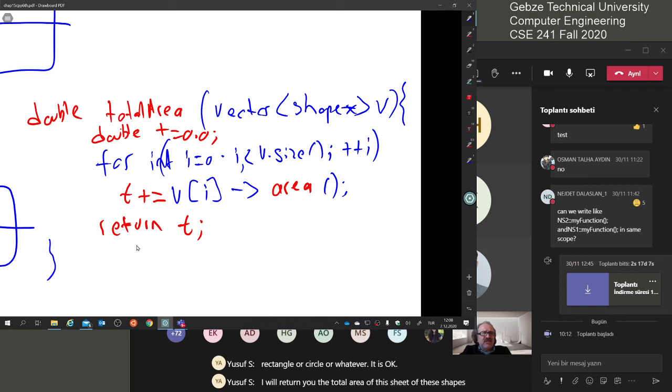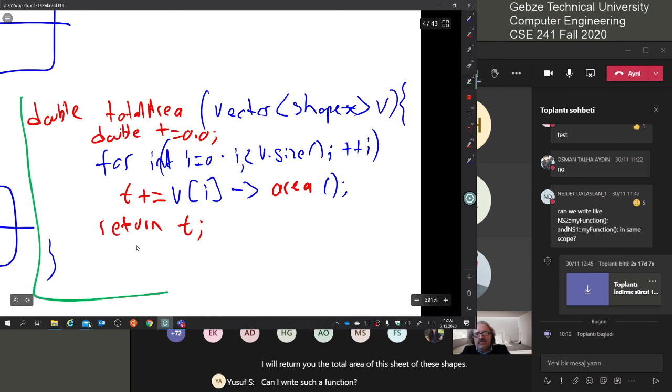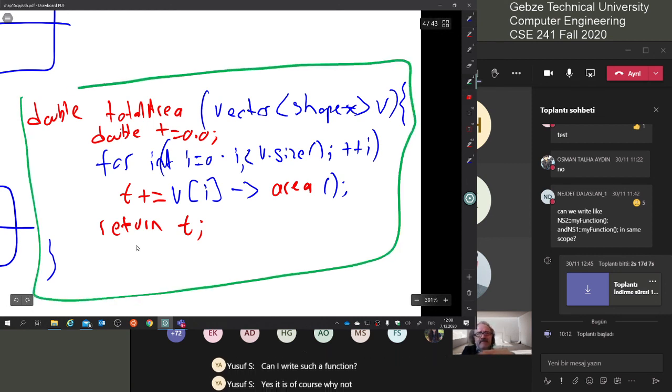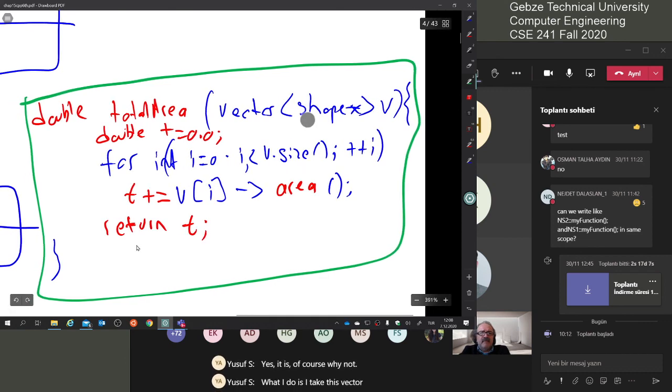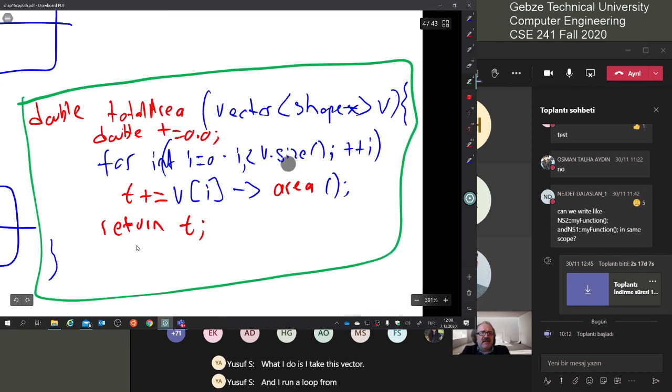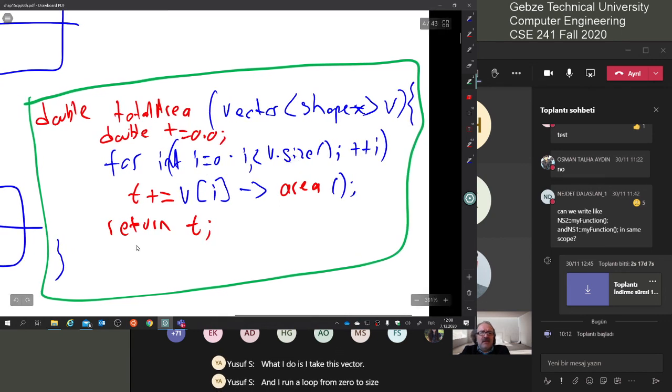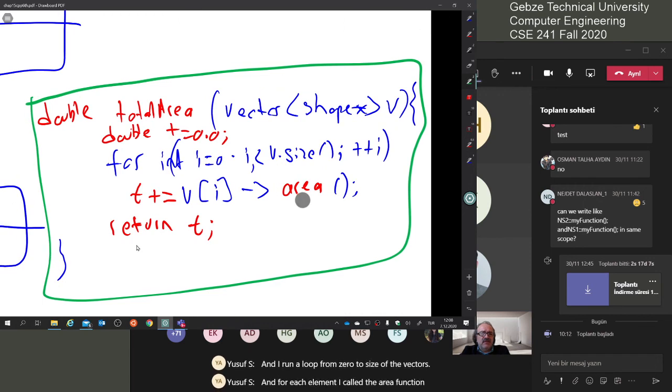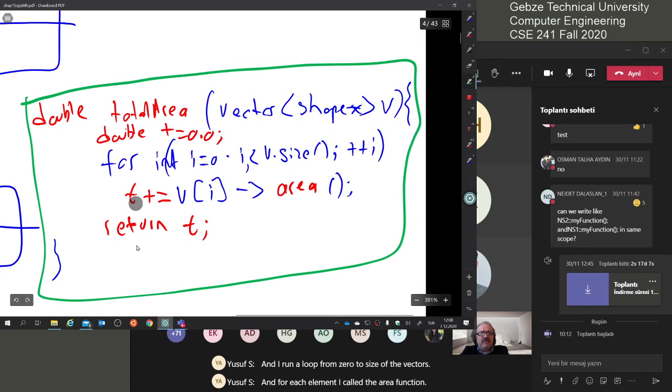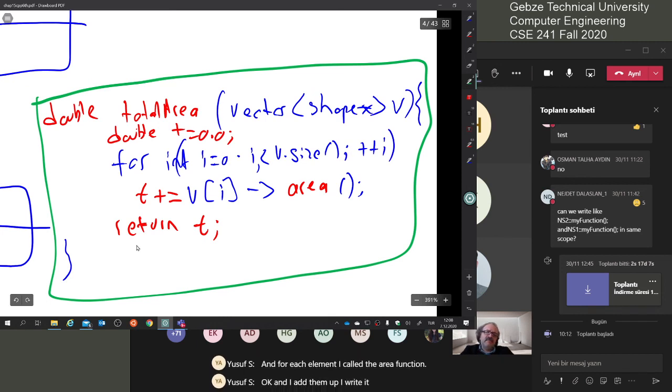Can I write such a function? The answer is of course, why not? What I do is I take this vector and run a loop from 0 to the size of the vector, and for each element I call the area function, and I add them up and I return this one.